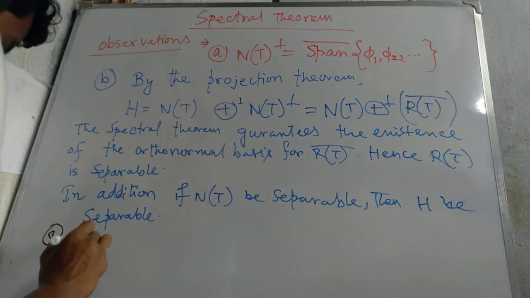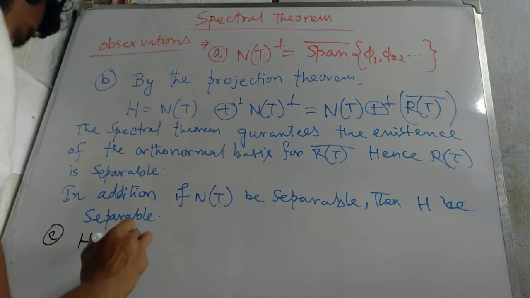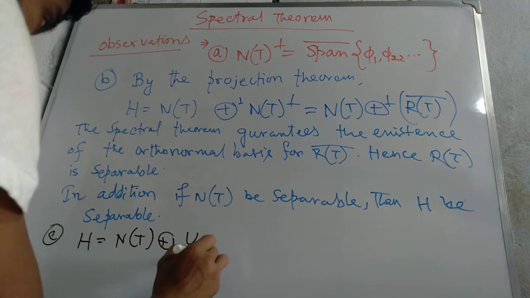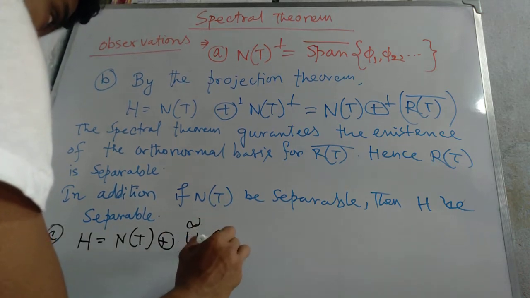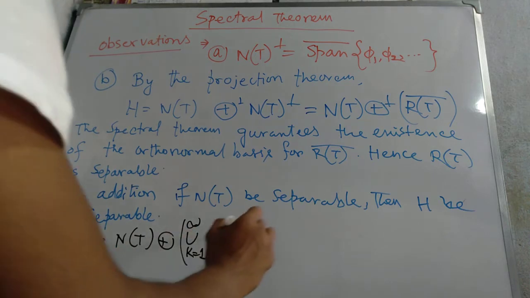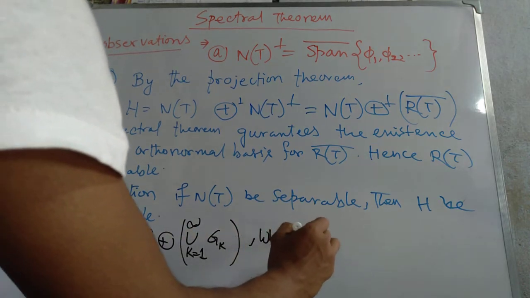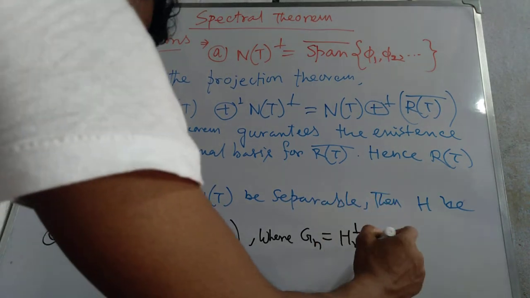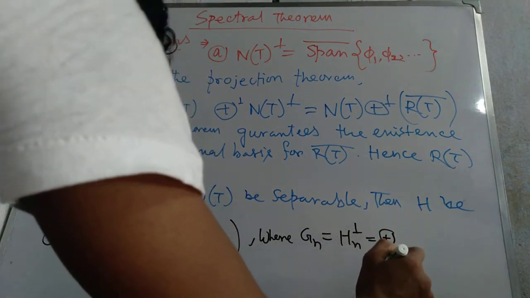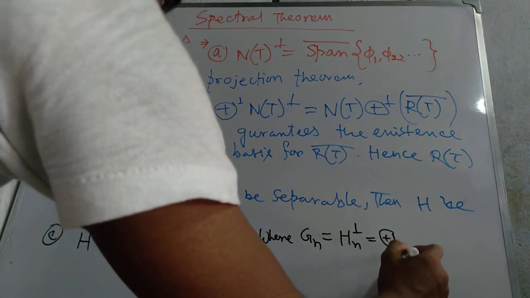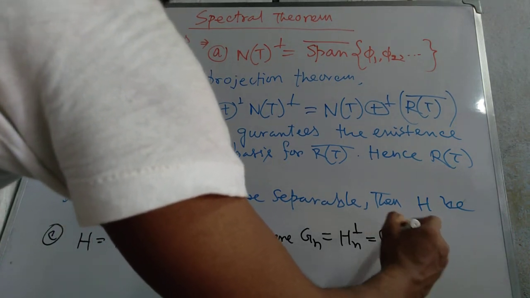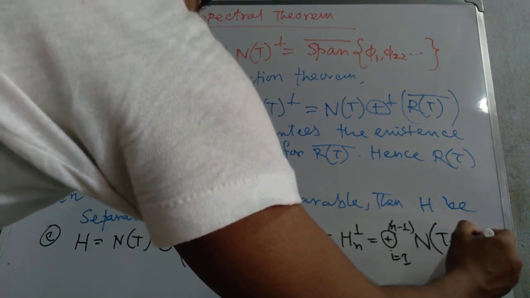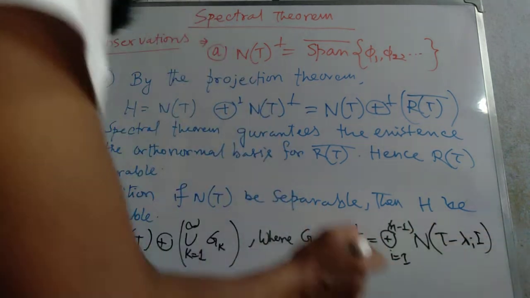Write H equals N(T) direct sum the union over k equals 1 to infinity of G_k, where G_n equals H_n perpendicular, equals the direct sum over i equals 1 to n minus 1 of the null space of T minus lambda_i I.